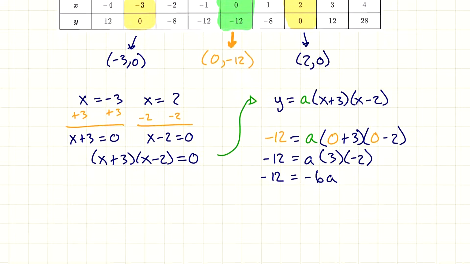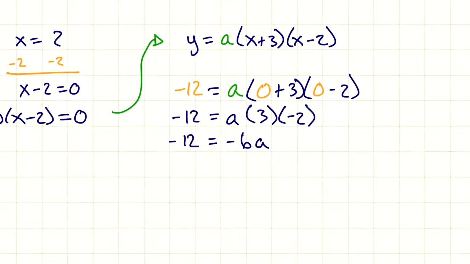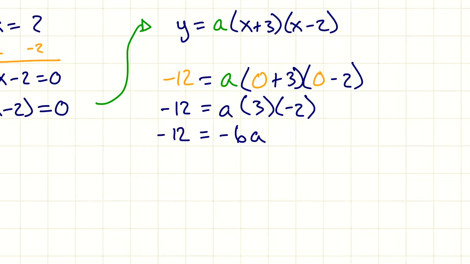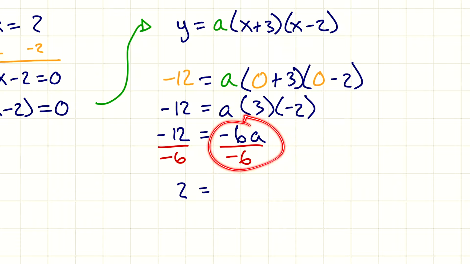Negative 6 times a. Let me move this up. Let me zoom in. So this is the part where we need to divide both sides by negative 6. And when I do this, you should notice that negative 12 divided by negative 6 is positive 2, and this right side reduces to 1, which means 2 is equal to a.